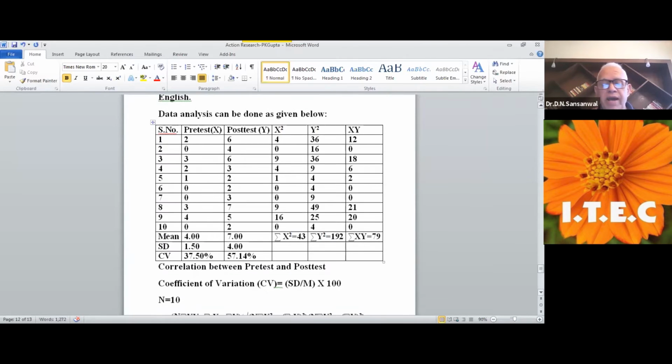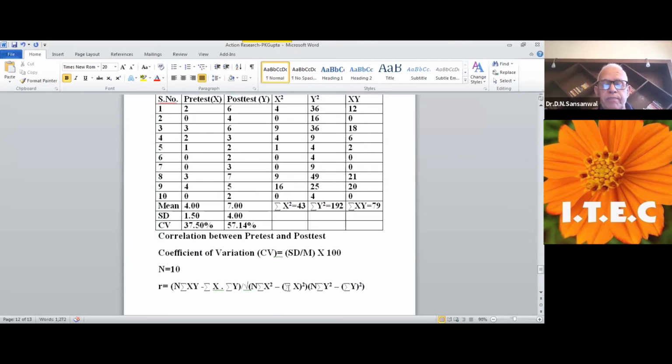So sigma x comes to 15. Now you can calculate sigma y.